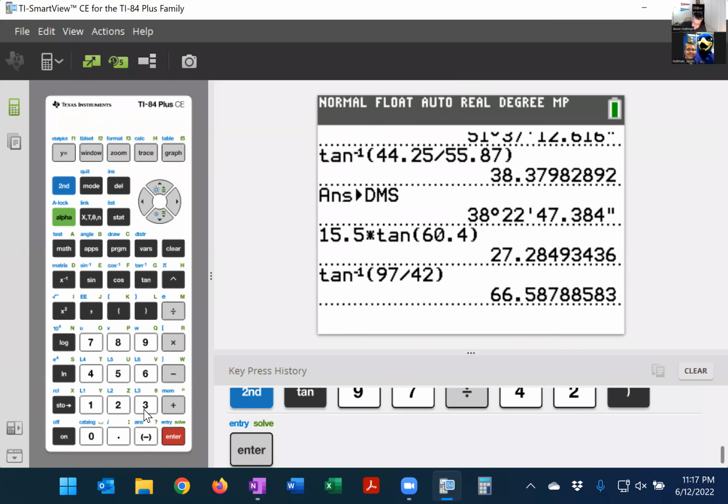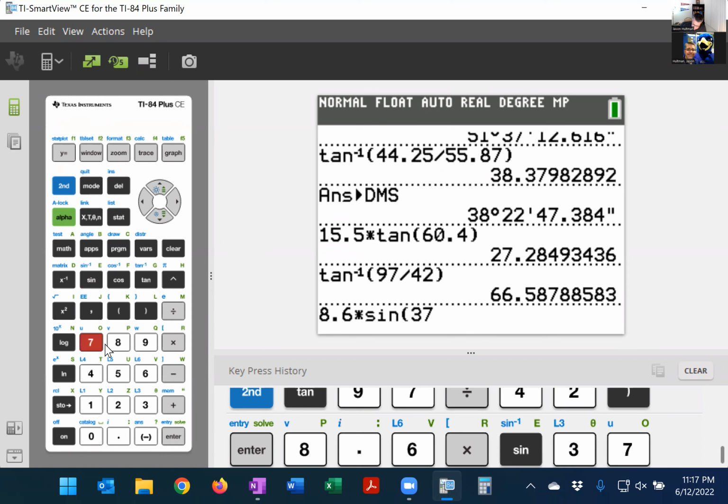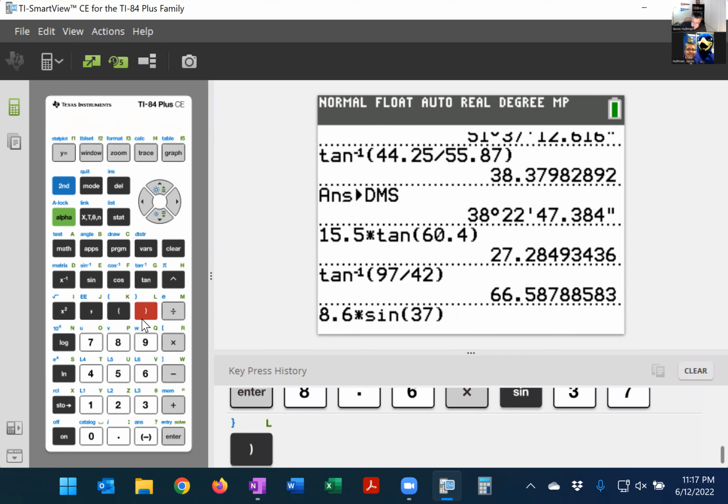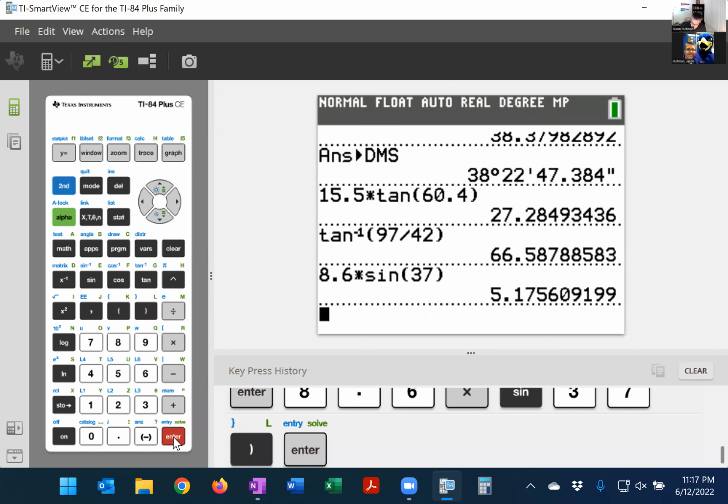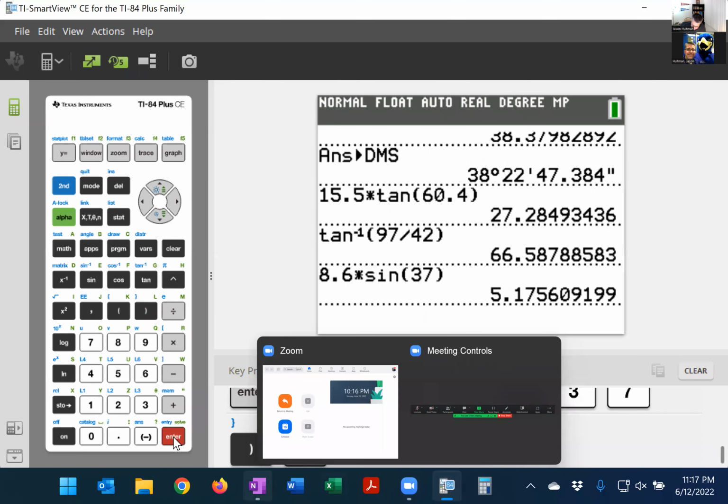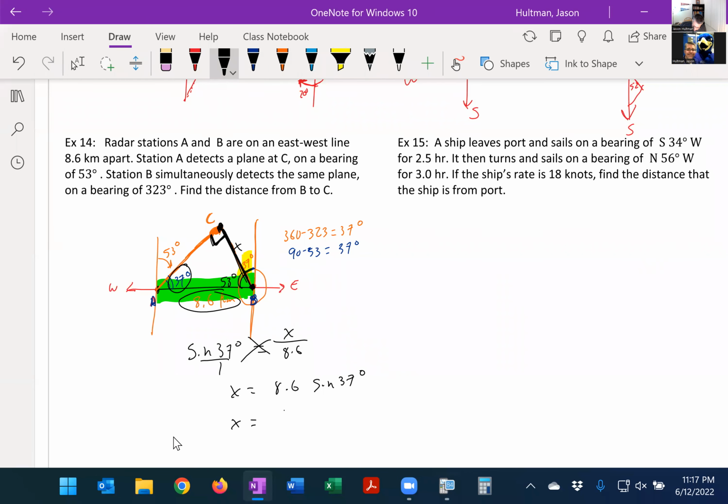And then we're just going to plug that into the calculator. 8.6 times the sine of 37 degrees. And I'm getting 5.17. I'll round it to 5.2 because we were given 8.6 to 1 decimal place. And so that's 5.2 kilometers.